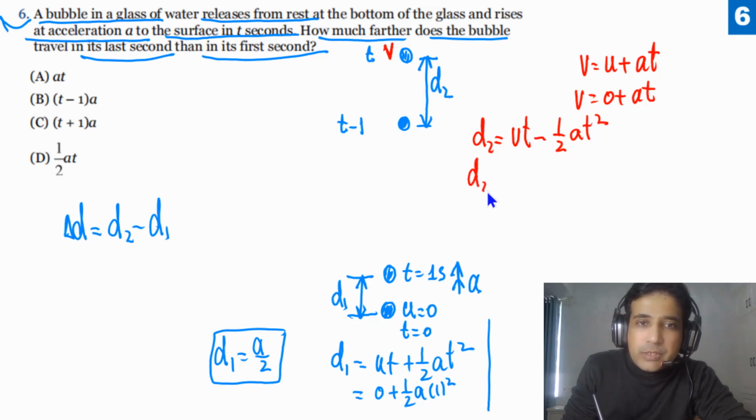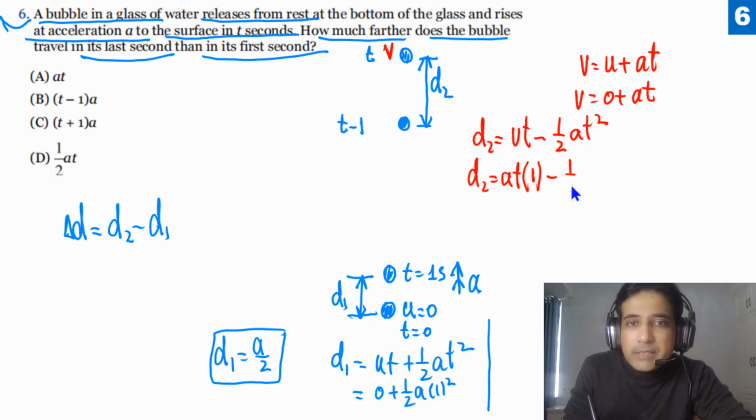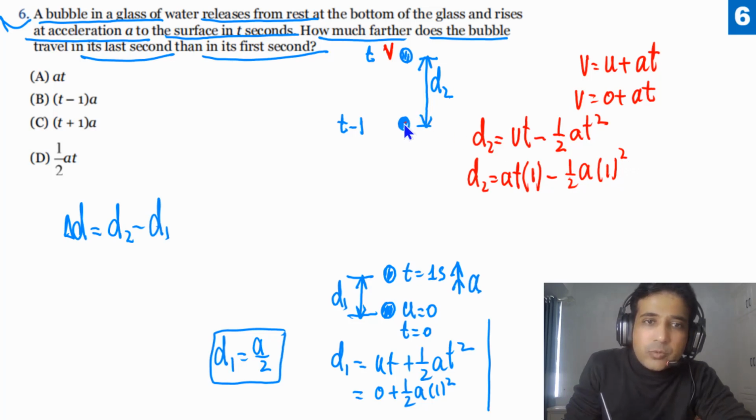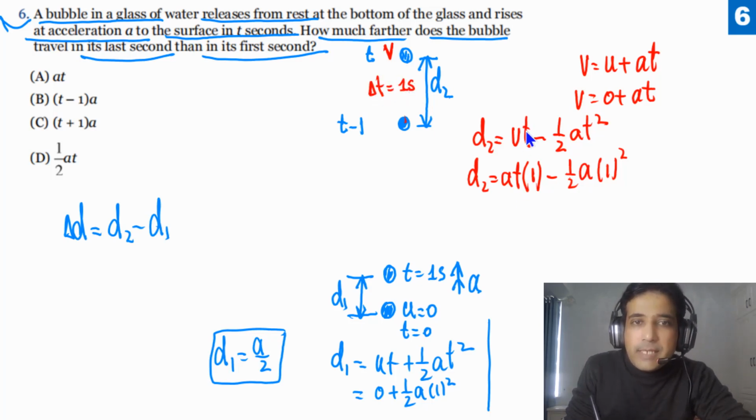This time is 1 second, meaning the interval from time t minus 1 to time t, and we have minus half a, and this is also 1 second. So this interval of time is 1 second. If we simplify this, we get at minus a by 2. So this is the value of d2. We need to find the difference between d1 and d2.